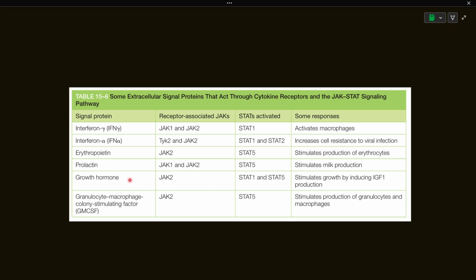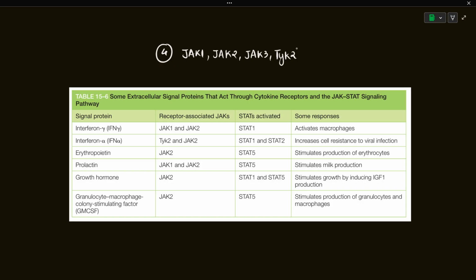Okay, so for example, prolactin, which is a milk stimulatory hormone. The receptors for prolactin will be associated with JAK1 or JAK2. So there are four types of Janus kinases; I forgot to mention that: JAK1, JAK2, JAK3, and TYK2.